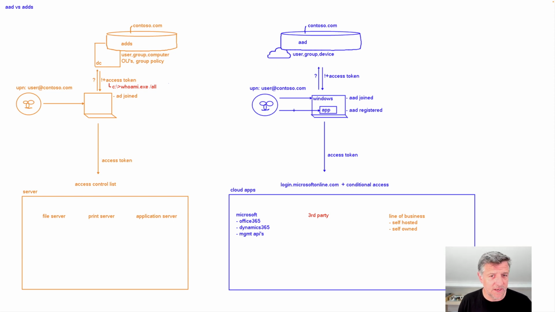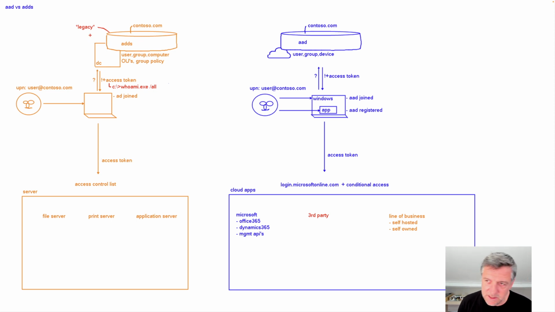So if you would compare Active Directory and AAD versus ADS, then you could say that Azure Active Directory lives in the cloud. It is of course the modern Active Directory. To be more exact, Microsoft has labeled Active Directory Domain Services to be a legacy Active Directory.